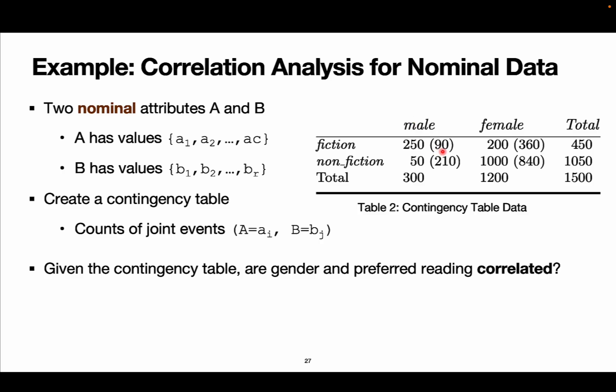Also, we have to compute the expected values ourselves given the data. So for male and fiction, we are going to multiply the total of males, which is 300, by the total of fiction, then divide by 1500, and this is how we got the 90. And we do the same for the remaining cells.